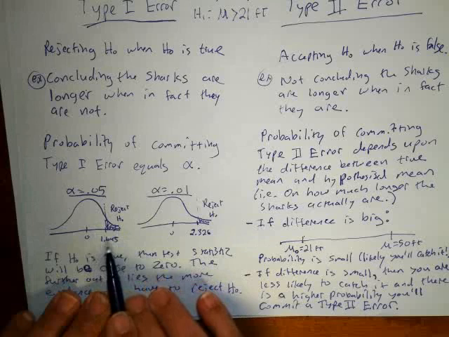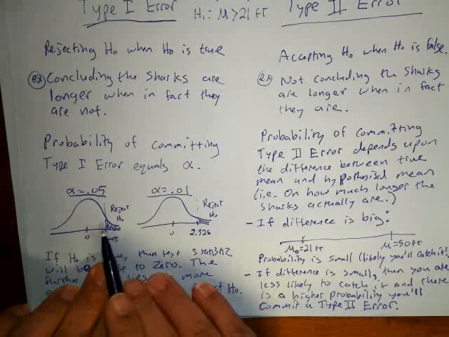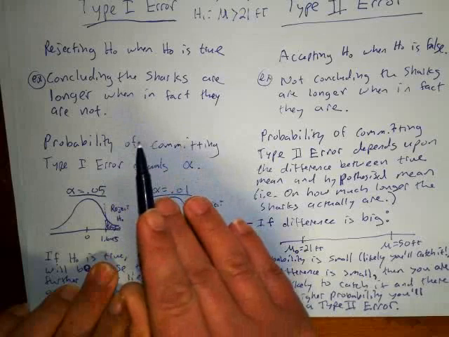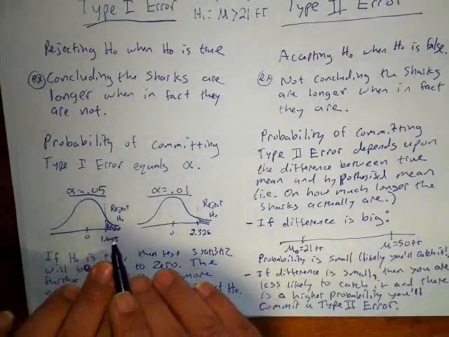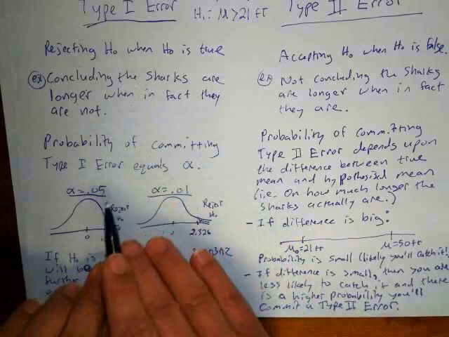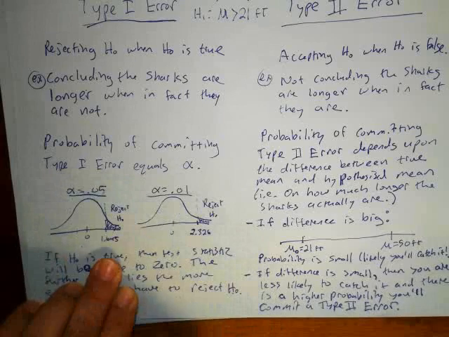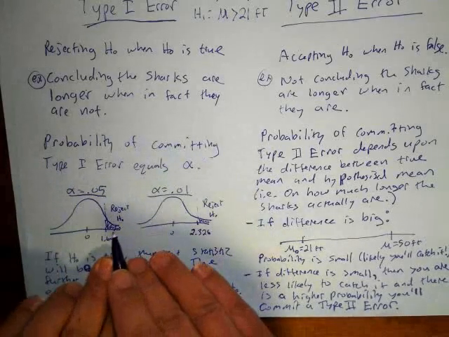My critical value was 1.645, and the test statistic was about 2.04, so it fell into the rejection region. We rejected H naught, and we're probably making the right decision here because the probability of being wrong is only 5%. That means I have a 95% chance of being right.